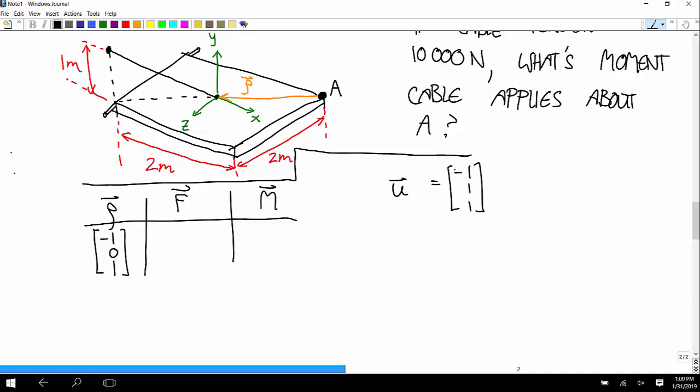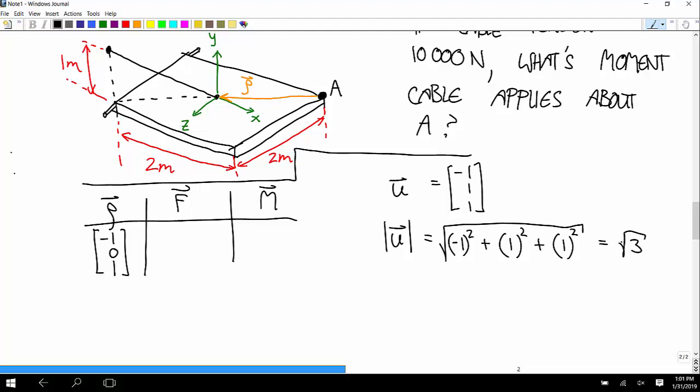That's not a unit vector, though. If you calculate the magnitude, it's not equal to 1. So now we have to turn that into a unit vector. The magnitude of this vector is square root of 3. And then finally, divide each component by that magnitude.